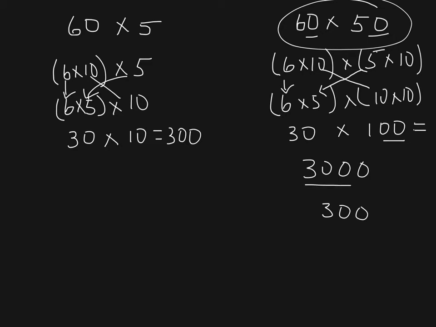It's actually 3,000, because 6 times 5 creates another zero of its own because it's a 2-digit product, 30, which has a 0 in the ones place. So you have to remember to account for that 0 that's in the 30 plus the 2 zeros from the 2 places we're going to move over because we're multiplying by 100 or 10 squared. So 300 is not the answer here. It has to be 3,000.